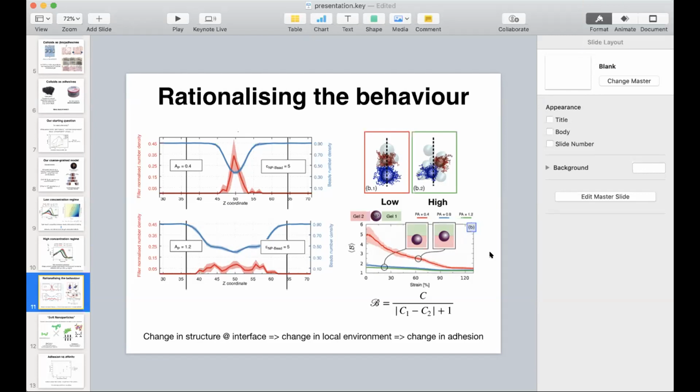But that's not really the important number. What we're really looking at is how many of the bonds between the nanoparticle and the gel are really bridges between the two gels, or are just bonds that contribute to the solvation of the nanoparticle but don't contribute to the adhesion of the two halves of the gel.